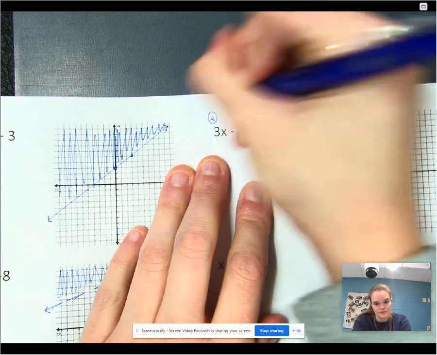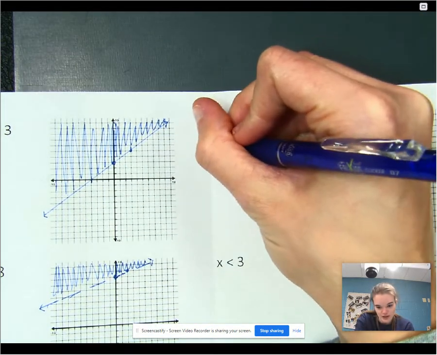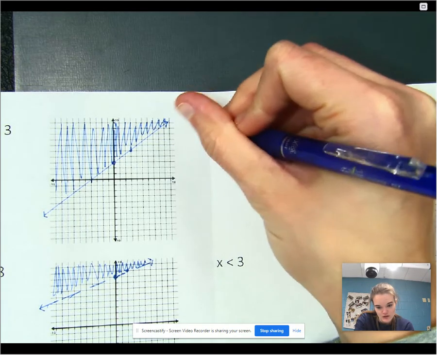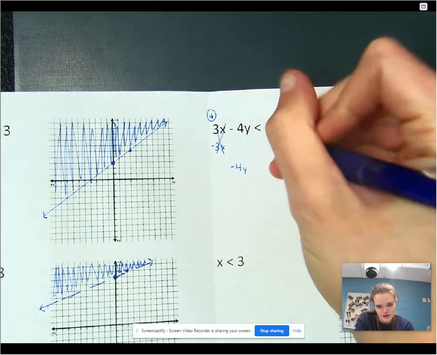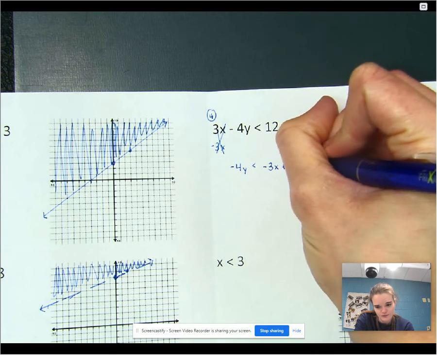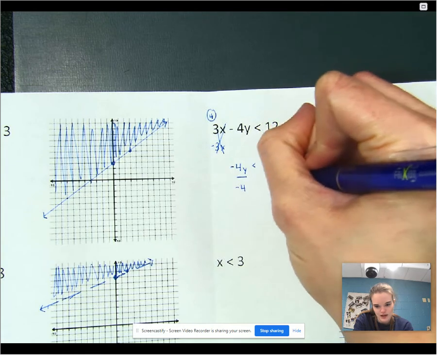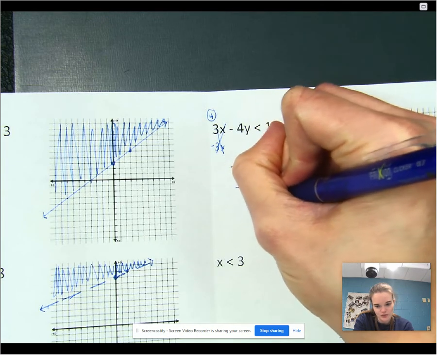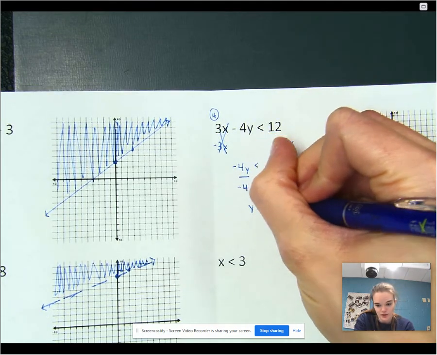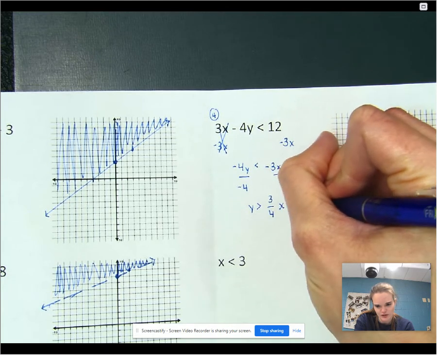Number 4. This is not in y equals form either, so we're going to subtract 3x. Negative 4y is less than negative 3x plus 12. Divide by negative 4. I divided by a negative, so the inequality symbol flips. Negative 3 divided by negative 4 is 3/4 x. 12 divided by negative 4 is negative 3.